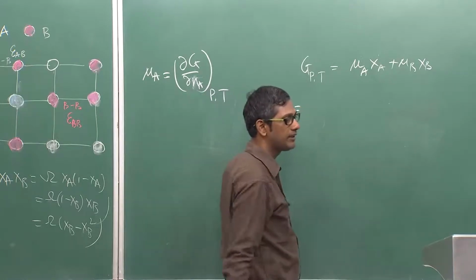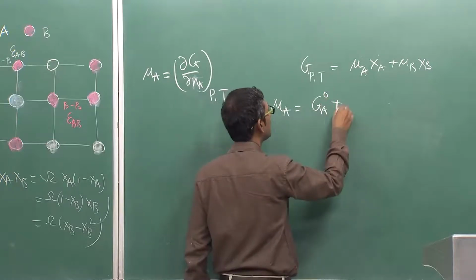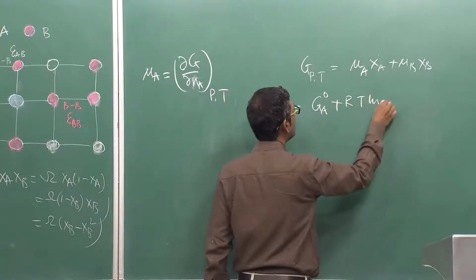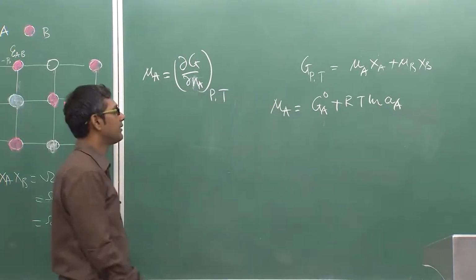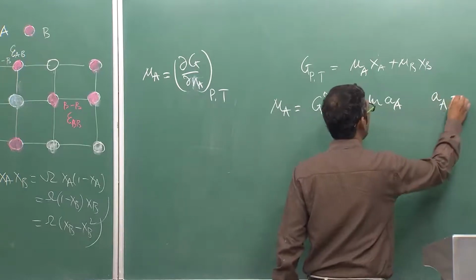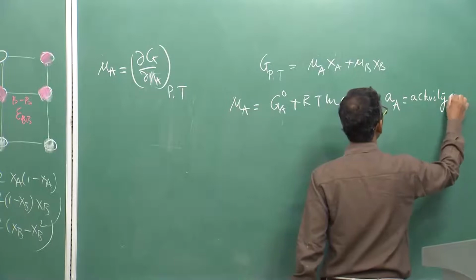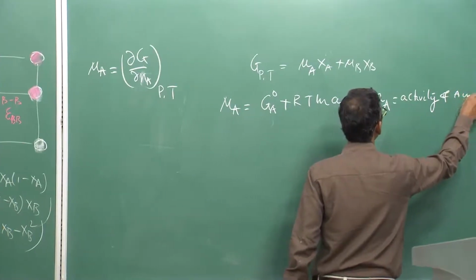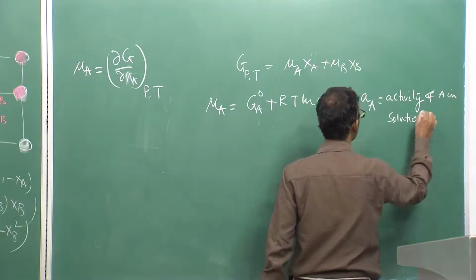So what is the actual expression of mu A? Mu A is related to GA0 plus RT log of A, remember that, where A is the activity of A in solution, it may be liquid or solid.